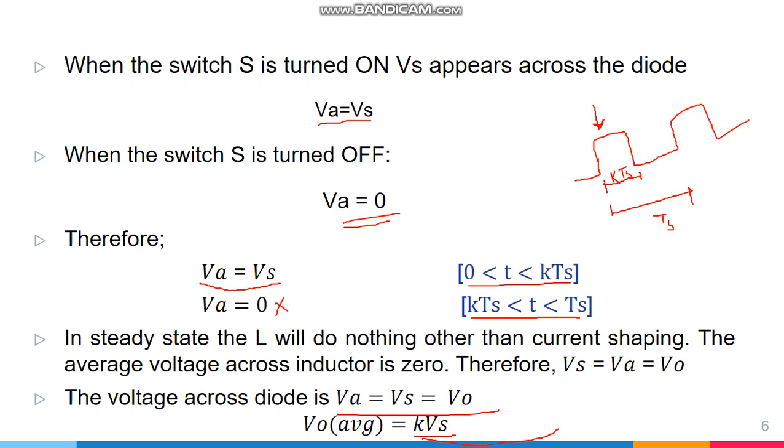K is the duty cycle. So if the duty cycle is 10%, the average value of output voltage will be 10% of the input supply. If the duty cycle is 50%, the average value of output voltage will be 50% of the input supply voltage.